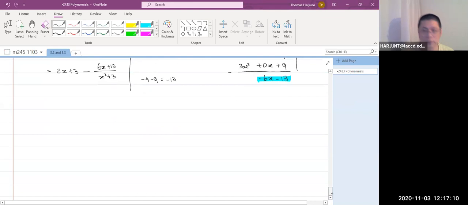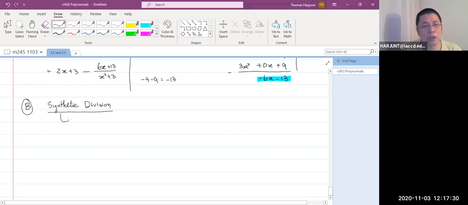that's for long division. Synthetic division, which is very, very important for this course, can only be used when dividing by x minus something.